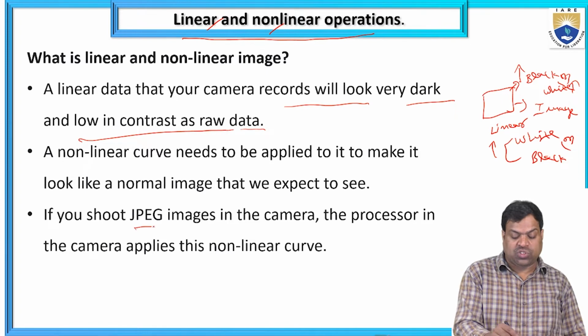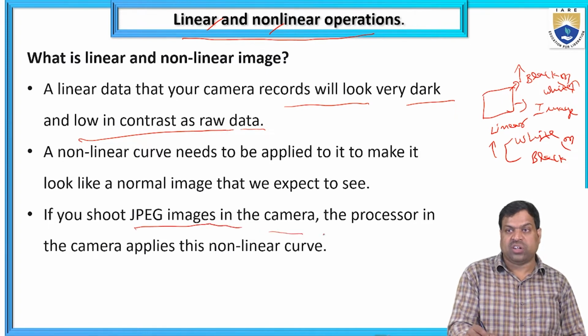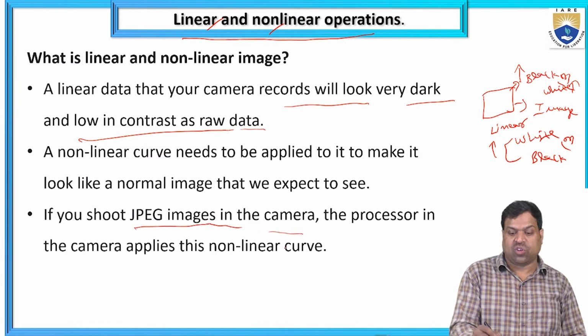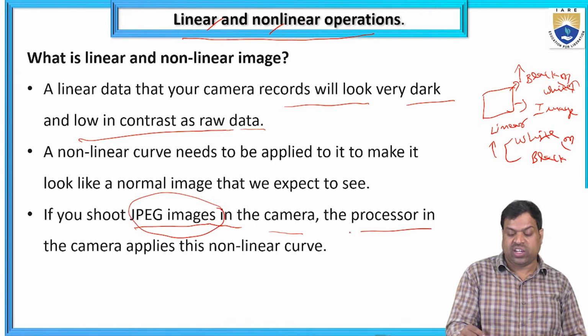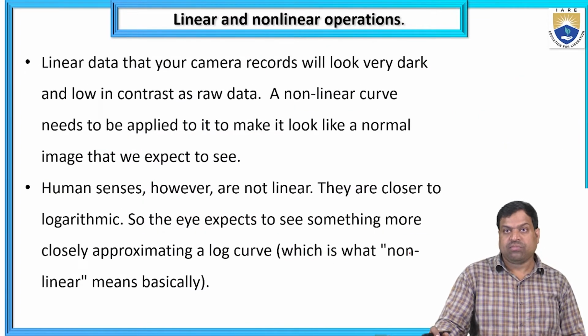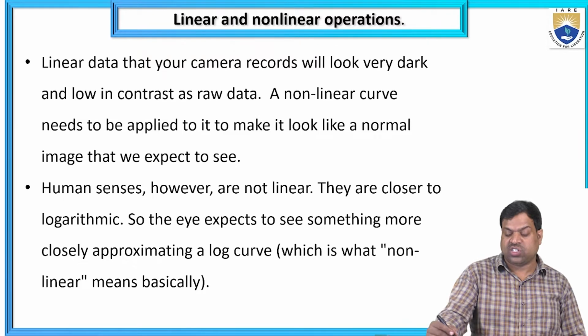And suppose I have the JPG image in the camera. The processor in the camera applies the non-linear curve. So the linear data that your camera records will look very dark and the contrast will be off.